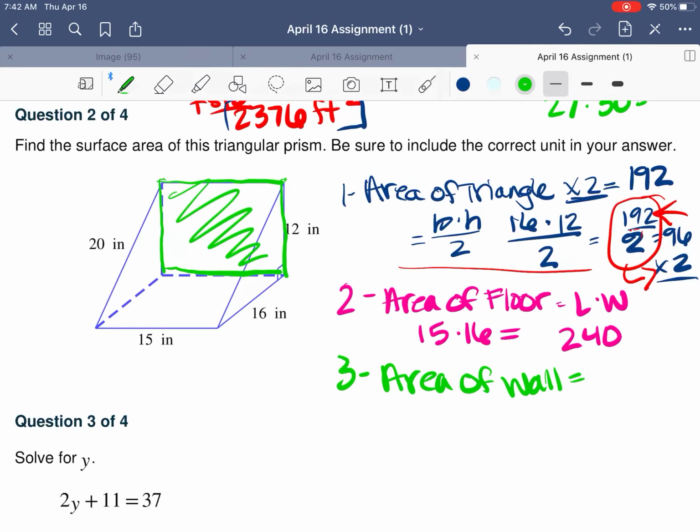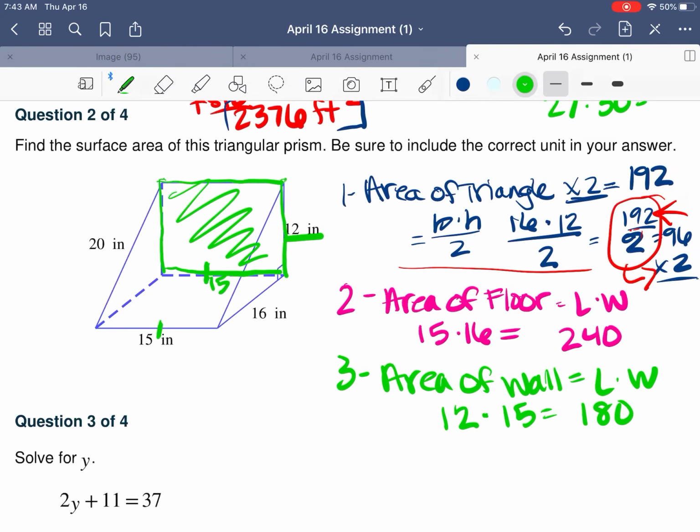And again, it's just a square or a rectangle, so it's going to be length times width. And we can tell that one of its sides is 12. And this side, I don't have one there, but I know that it's going to be the same as the one that's directly opposite on this. So this 15 right here tells me that that side will be 15 as well. So now I have 12 times 15, and that's 180. And that's the third thing that we need to do.